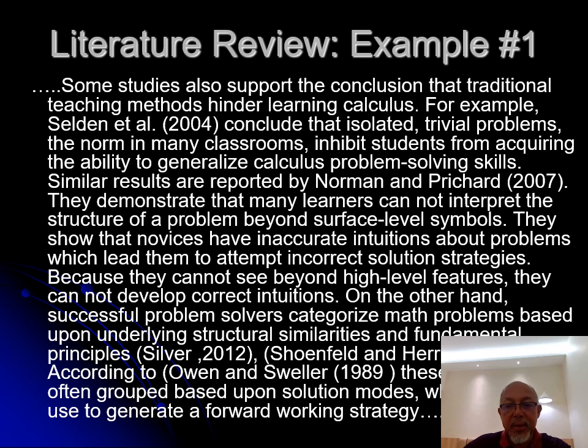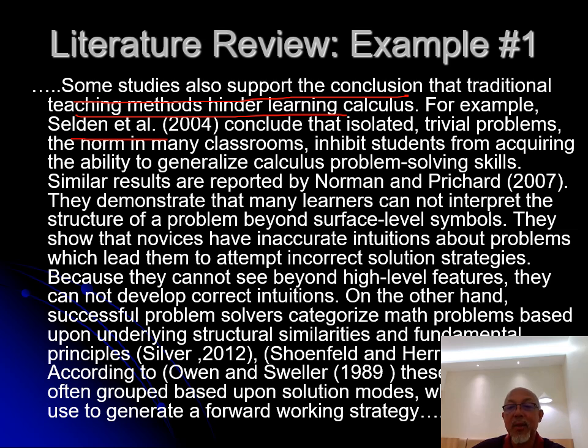So we can see an example here where author year is being used. Some studies also support the conclusion that traditional teaching methods hinder learning calculus. You have a general statement first about the studies, and then they give an example. This is author year. What did Selden find?